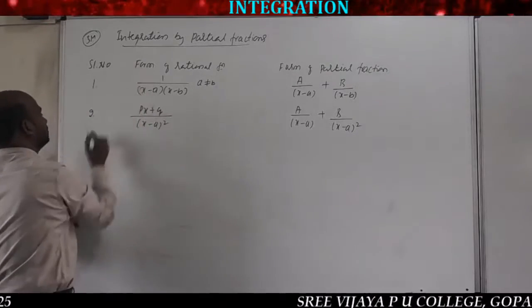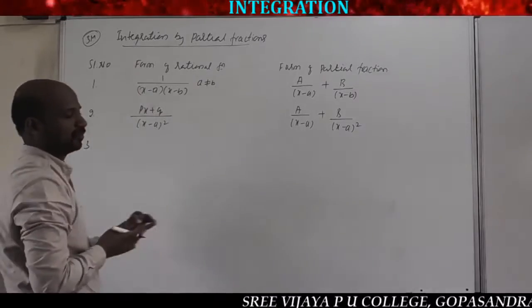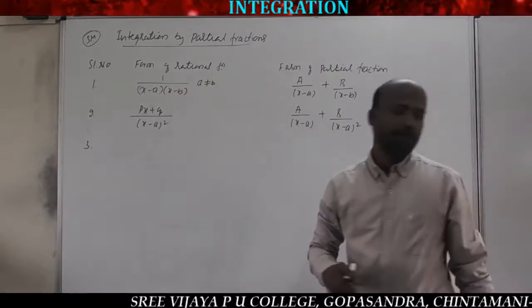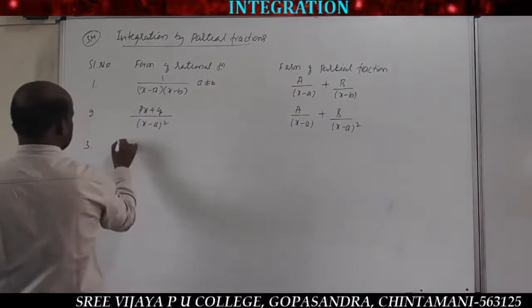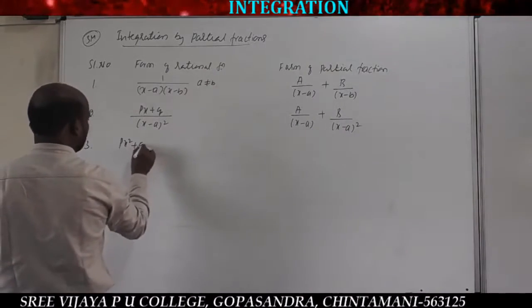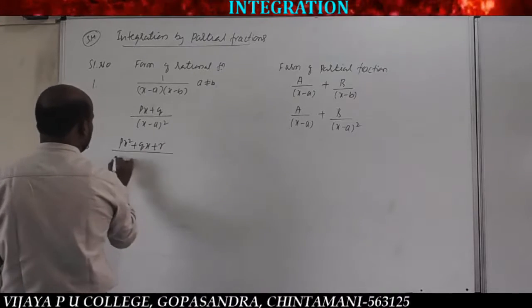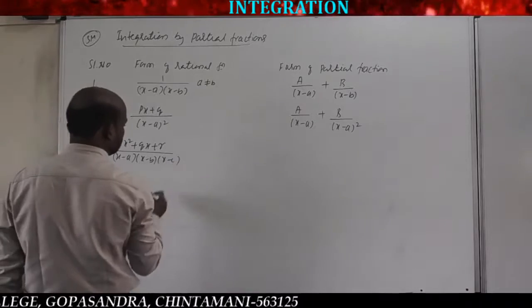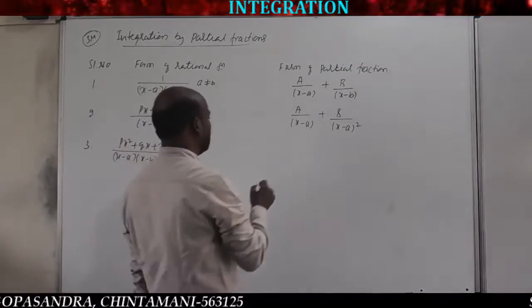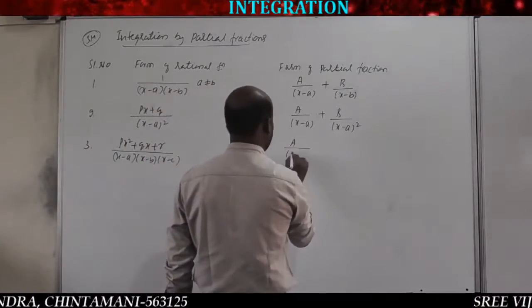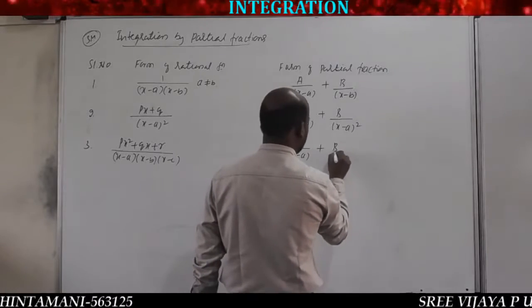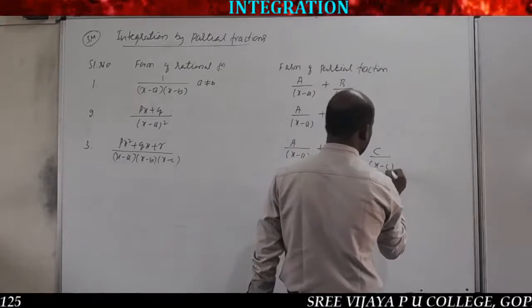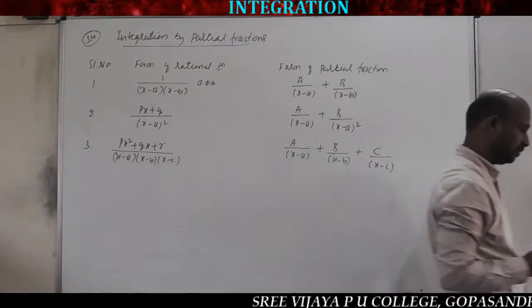Okay, third case. px square plus qx plus r divided by x minus a into x minus b into x minus c, that is equal to A upon x minus a plus B upon x minus b plus C upon x minus c.